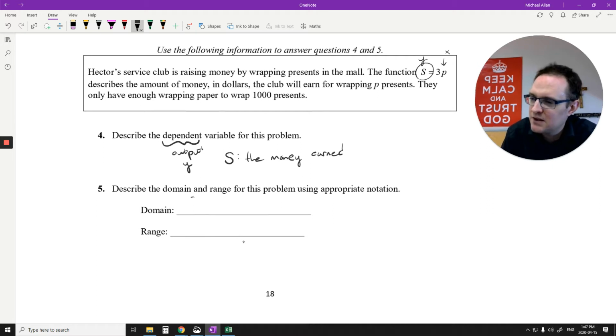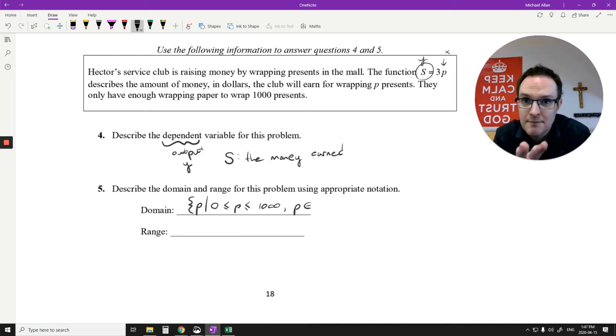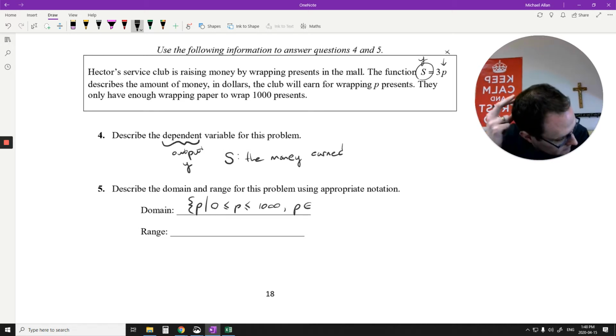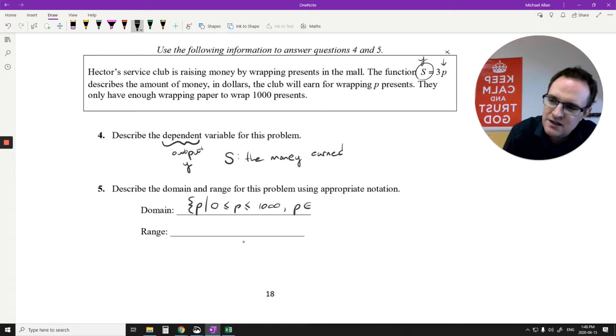Okay. Now this is where it's going to get a little tricky. Our domain, which is our P values, can go from anywhere from 0 to 1,000, because they said you can only go up to 1,000 presents. But the thing is, P can't be a real number. It doesn't make sense to wrap half a present. So we have to think of what kind of number does not have a decimal to it, and that's also a positive number, including 0.